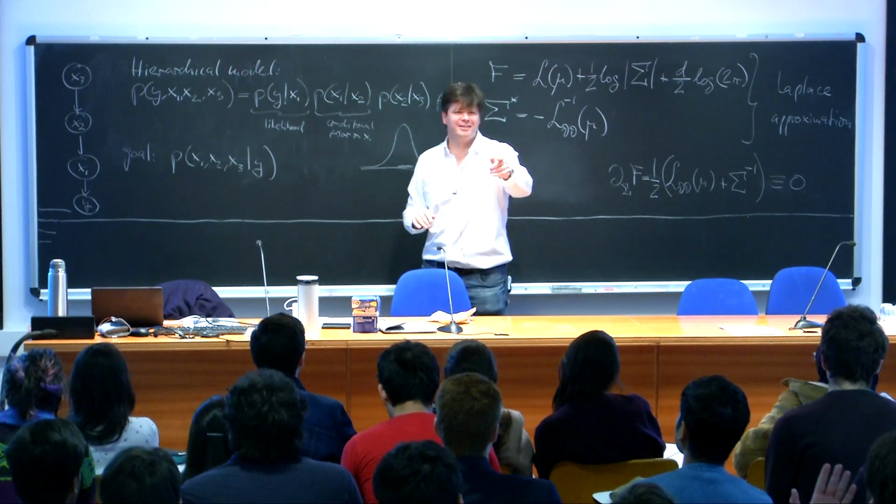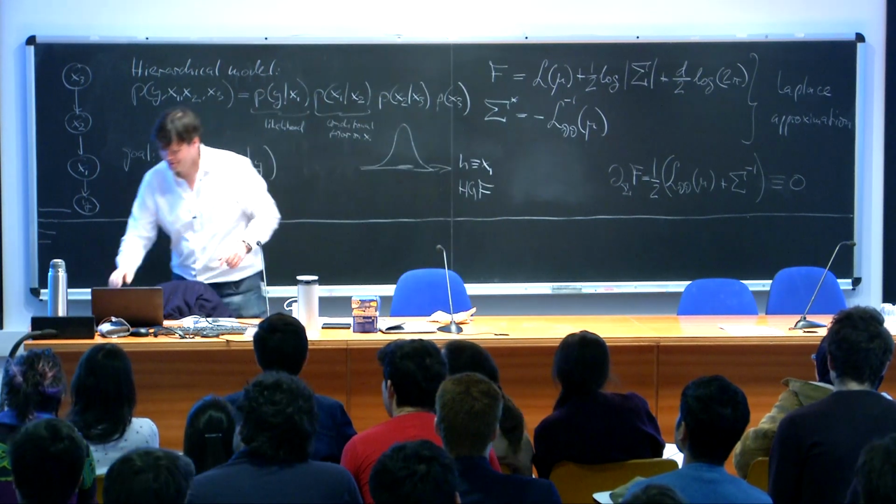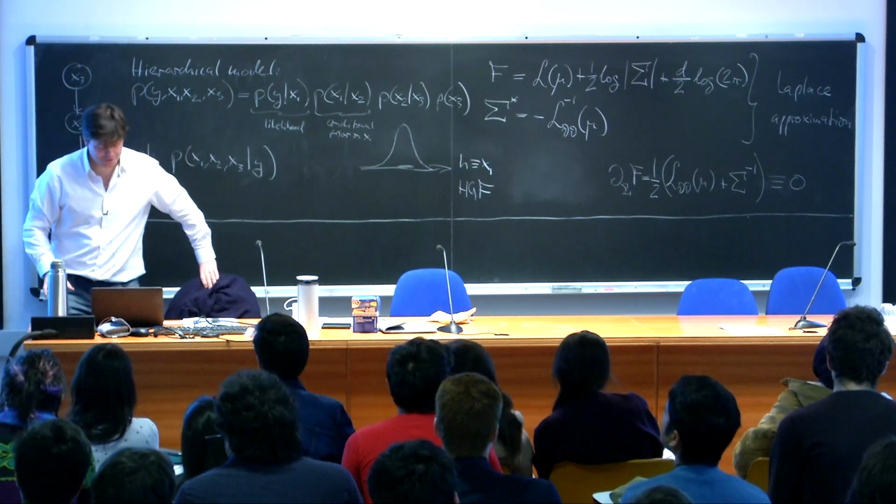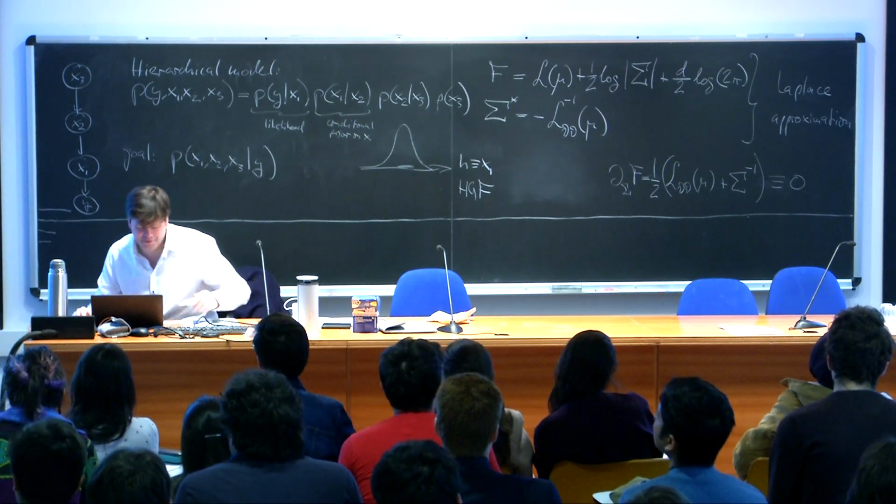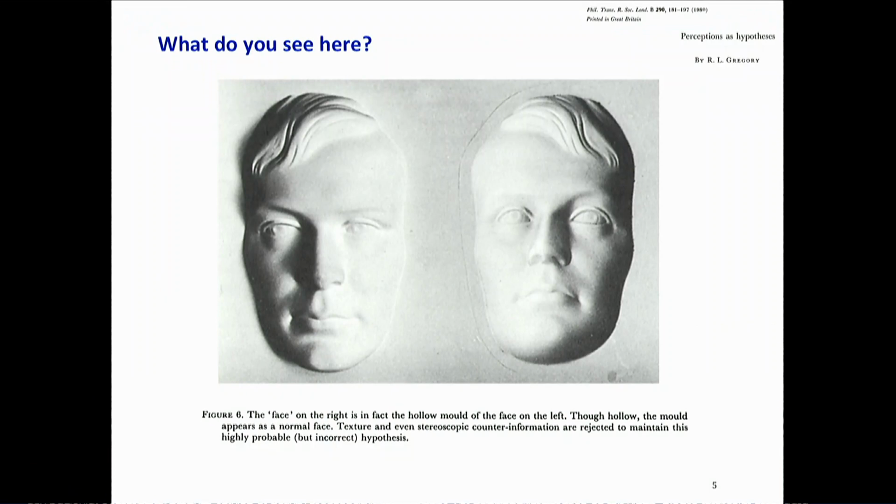Exactly. So what you see here is that the face on the right is in fact the hollow mold of the face on the left. Though hollow, the mold appears as a normal face. Texture and even stereoscopic counter-information are rejected to maintain this highly probable but incorrect hypothesis.